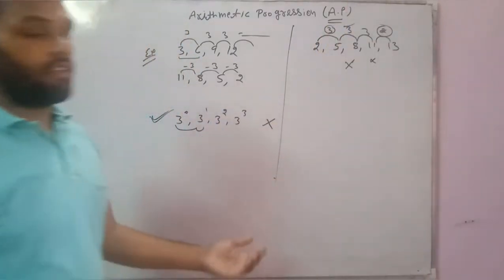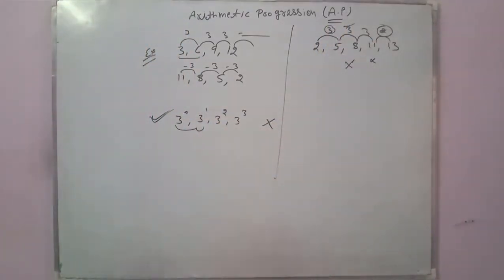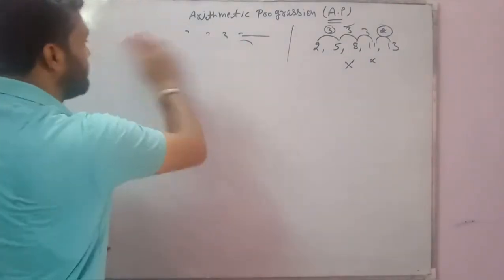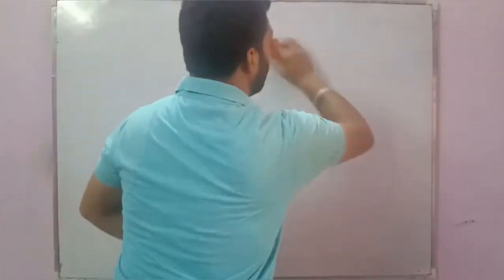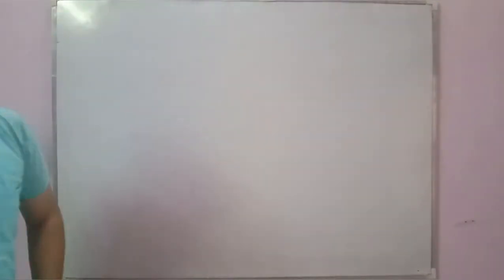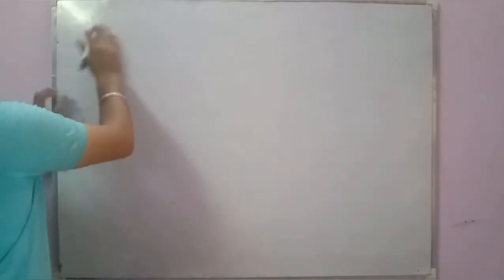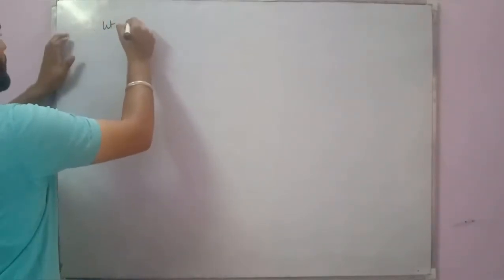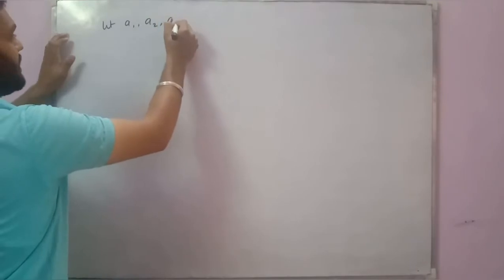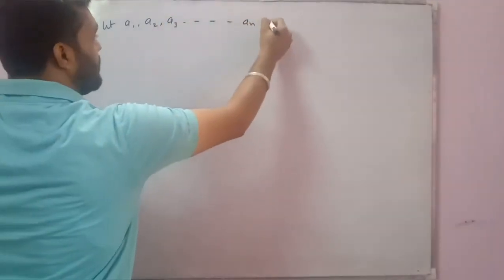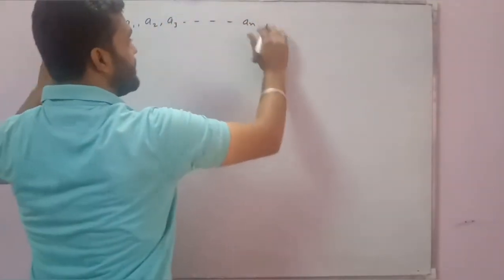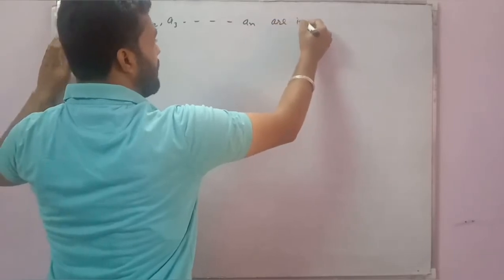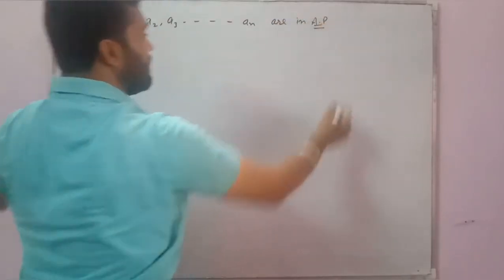Okay, now we start. What is the first term? What is the difference, the common difference? Let A1, A2, A3 and so on be in AP.